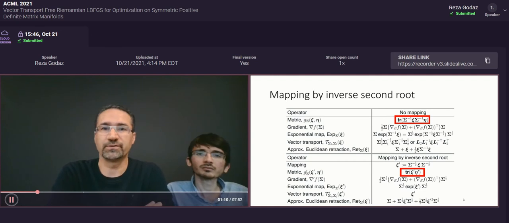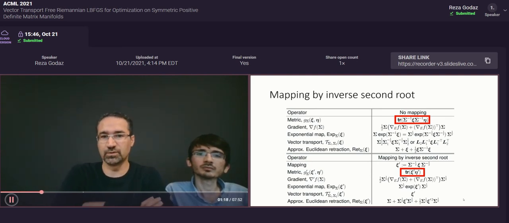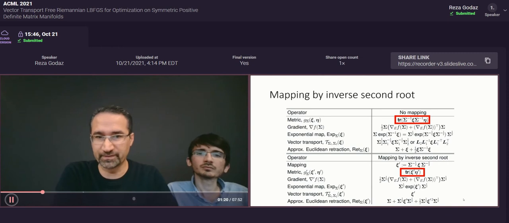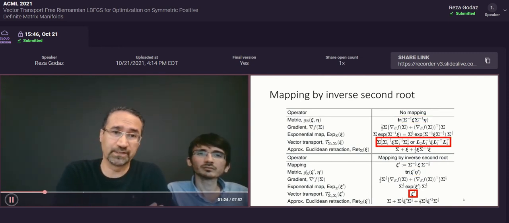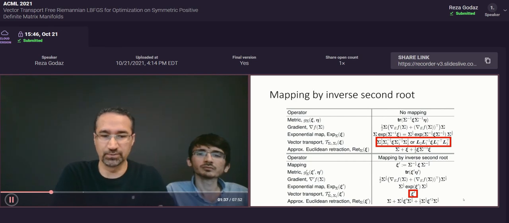A complex formula with more time complexity to compute is changed to a simple formula with less time complexity. And also vector transport, which has a complex formula, is changed to an identity operator that doesn't need any time to compute.